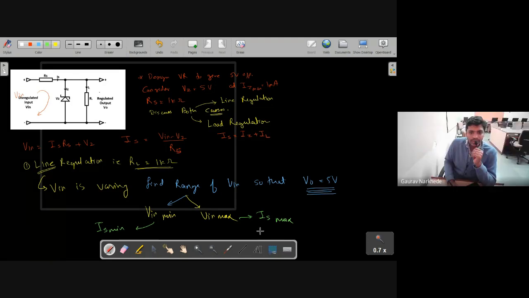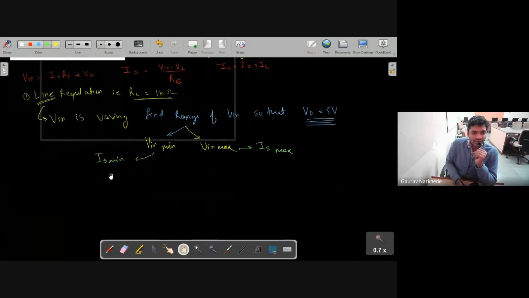So from these equations, what is IS minimum? We have IS equal to IZ plus IL. RL is fixed, so IL is fixed. Whenever IZ is minimum, IS will be minimum, right?